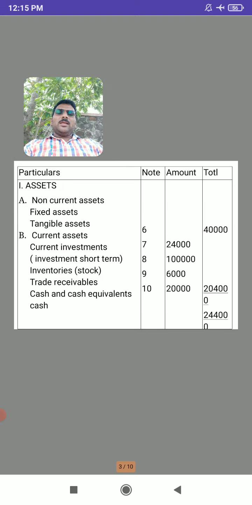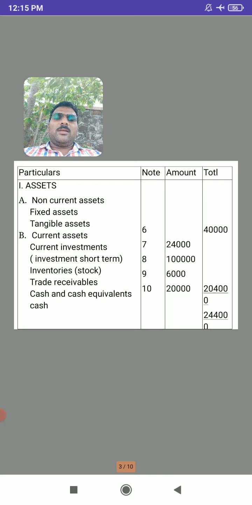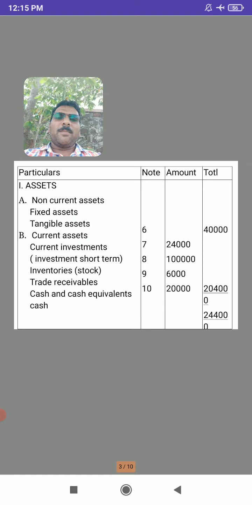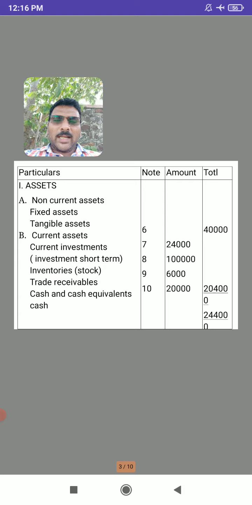And now we'll see assets. The main heading is non-current assets. Under fixed assets, the tangible assets under note 6 are 40,000. Current investment as per note 7, that is short-term investment, 24,000. Inventory is under note 8, 1 lakh.